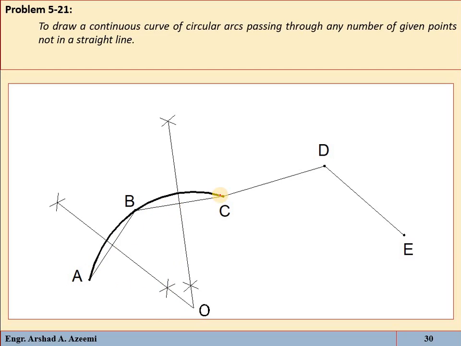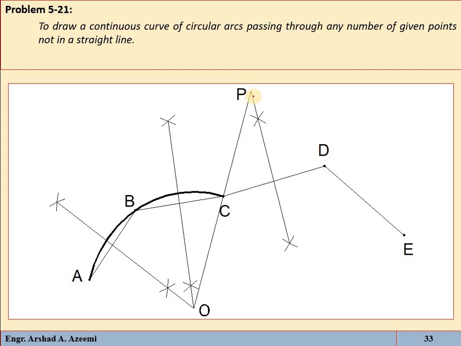Okay, now join O with C and extend it, and draw the perpendicular bisector of CD.